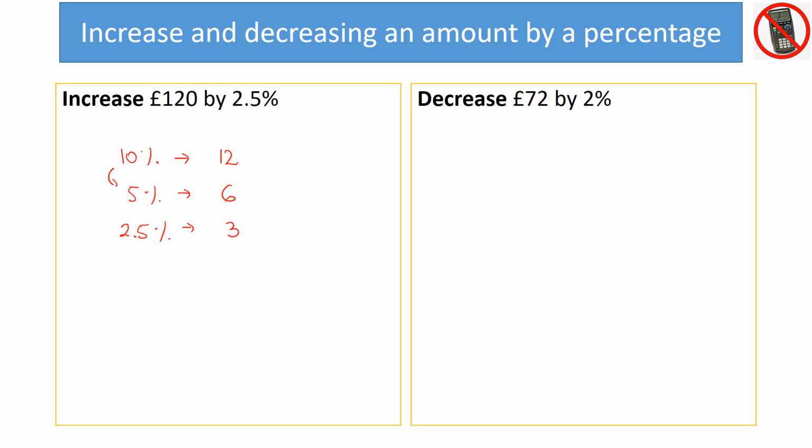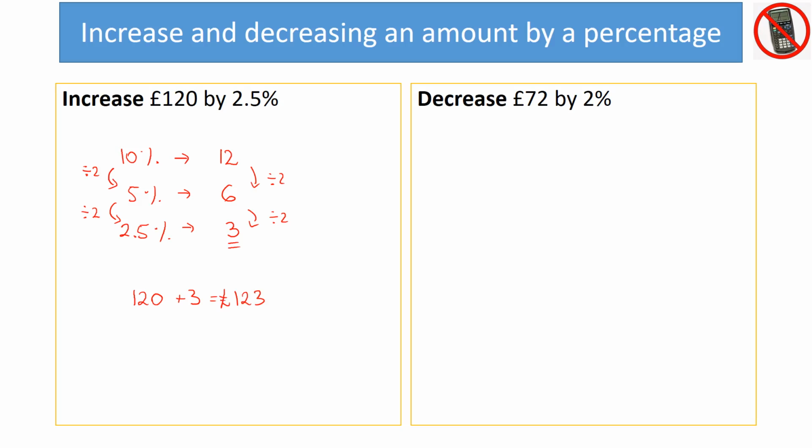So you can see that I can do that in steps. I could also divide 10% by 4 straight away to do it in one go. Now, I know that 2.5% of 120 is 3, so I need to add it to the original amount, so that's going to give me £123.